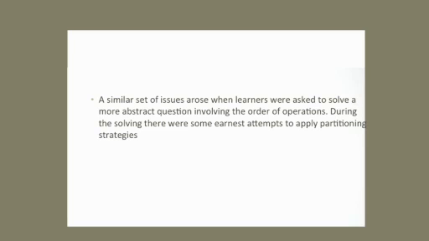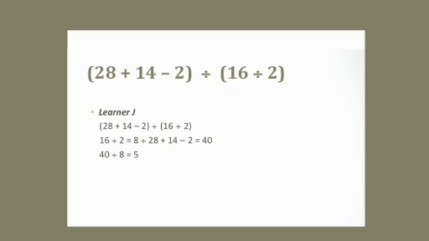Okay, the order of operations. Earnest attempts to apply partitioning strategies. Learner J. They divided the 2 into the 16 and got 8. And then this was remarkable. I'm not quite sure why they divided the 28 and the 14. Perhaps they've forgotten to take that out.